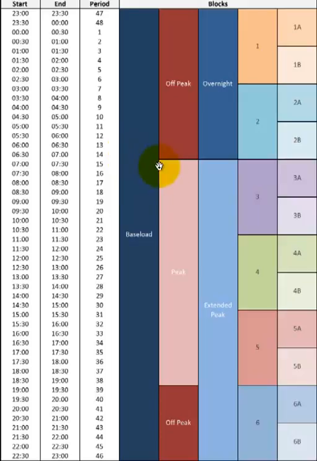Now we can have a product which only delivers during a peak period, periods of high demand. We can think of that as running from 7 a.m. until 7 p.m. So you may hear discussions of an off-peak product or a peak product. Peak is from 7 a.m. till 7 p.m., off-peak from 7 p.m.